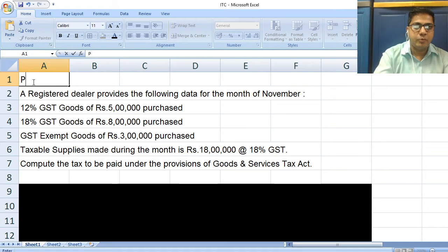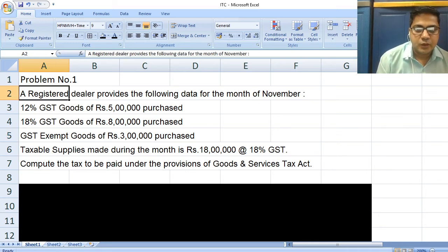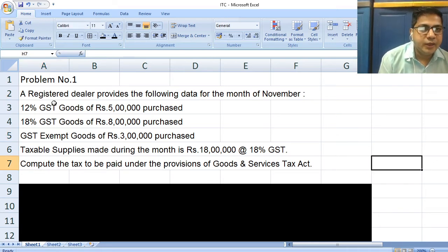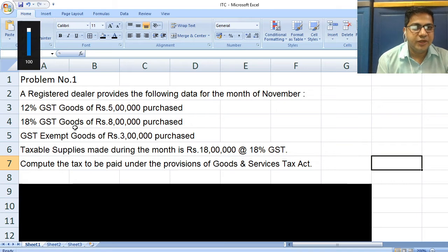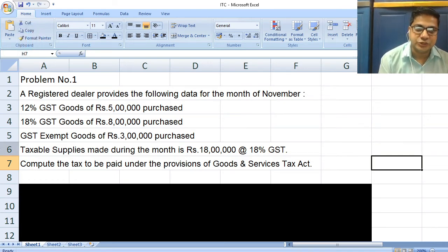Problem number 1. A registered dealer provides the following data for the month of November. 12% GST goods of rupees 5 lakhs purchase. 18% GST goods of rupees 8 lakhs purchase.